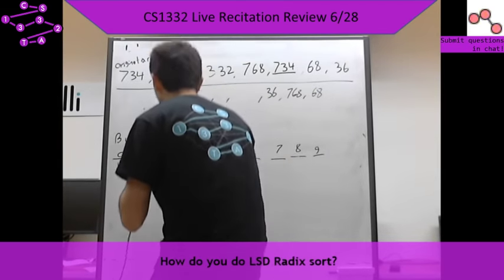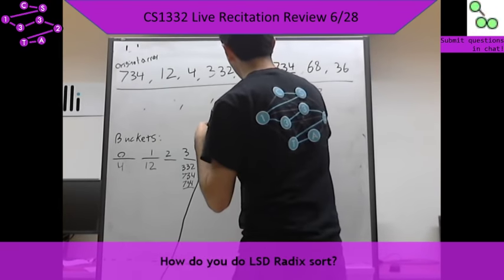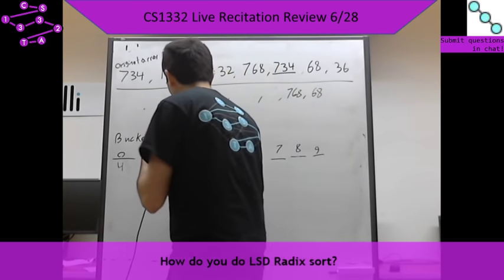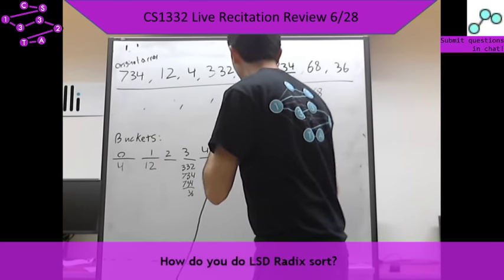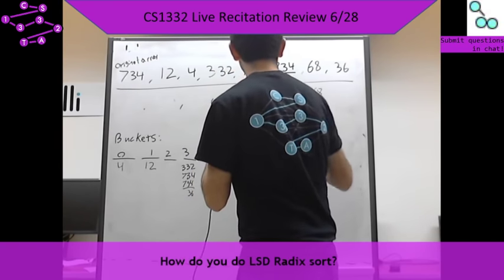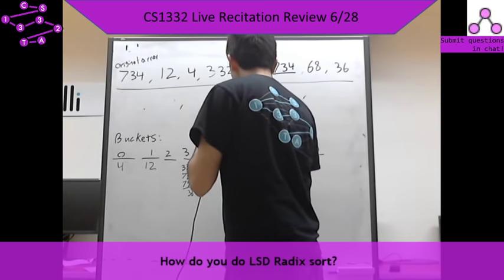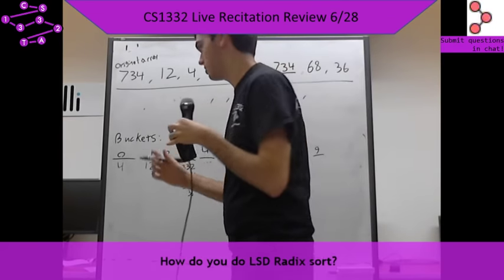We already know where this element's going to go. 36 has a 3. 768 is going to go in our 6 bucket. And then finally 68.